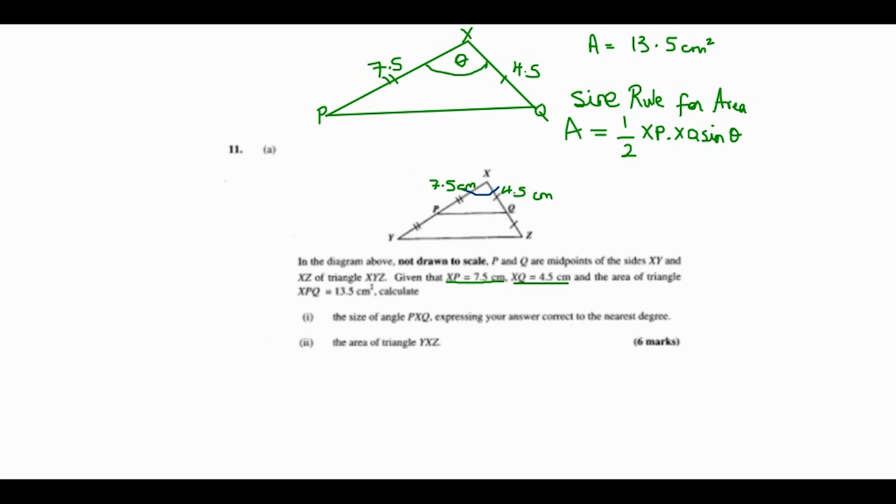I'm going to go to another slide to do the working, so you'll see me working there exclusively. So I'll just rewrite the information. The area of my triangle is 13.5 centimeters squared. I want to find theta, given that XP is 7.5 and XQ is 4.5.